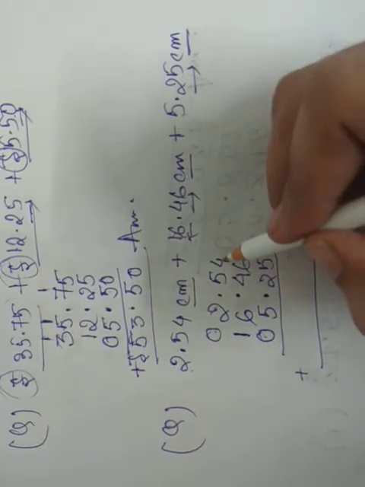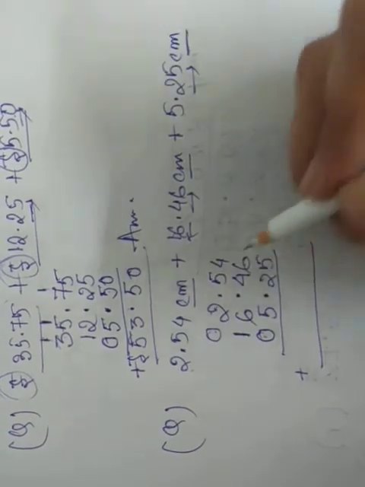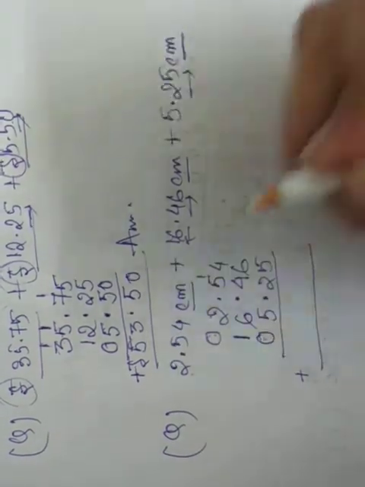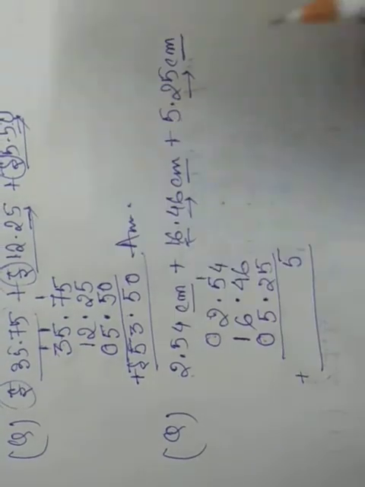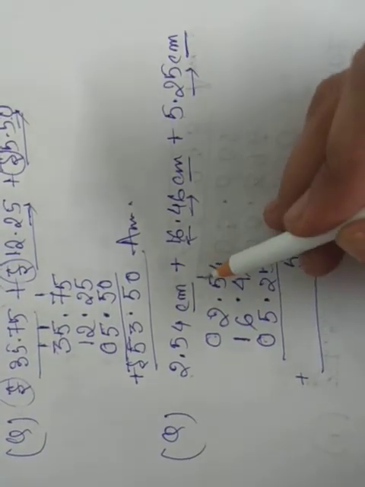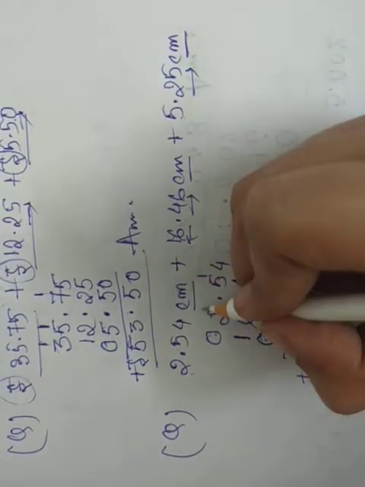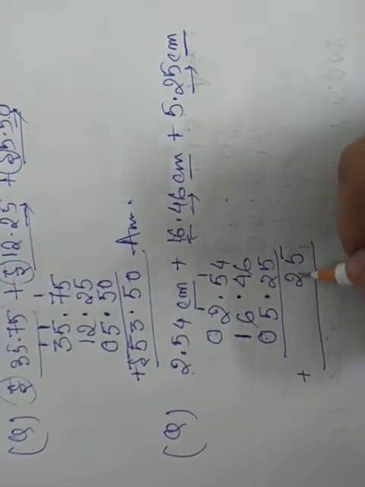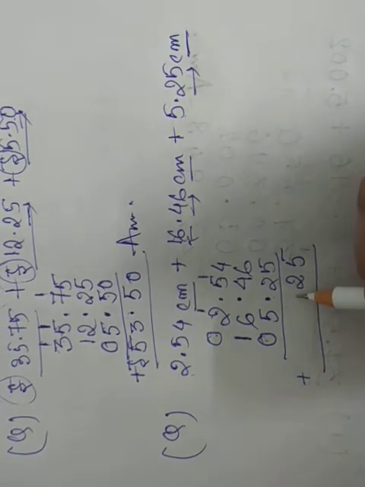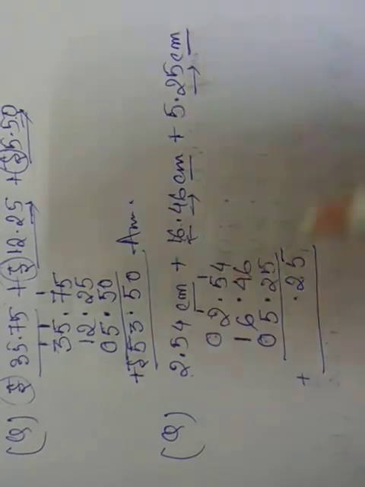Okay. Now we are going to add it up. 5 plus 4 is 10. 6 plus 4 is 10. 10 plus 5 is 15. So it is 1, 5. 5 plus 1 is 6. 6 plus 4 is 10. 10 plus 2 is 12. So 1, 2. Just below the decimal, you will write the decimal.